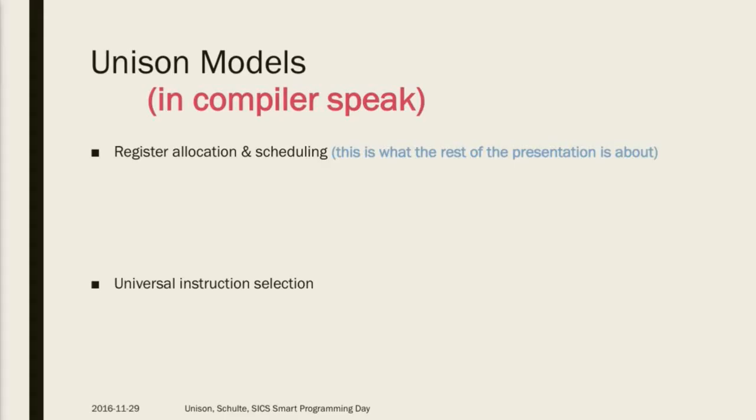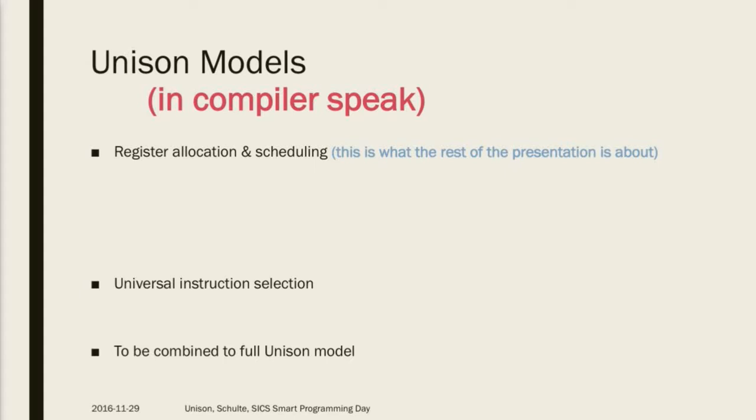And here, I'm only focusing on a combined model for register allocation and instruction scheduling, which is basically Roberto's baby. And I have another grad student who focuses on instruction selection. And in the end, of course, we are going to combine them.